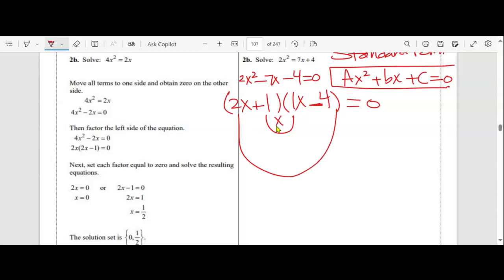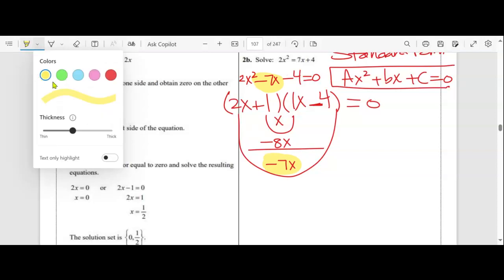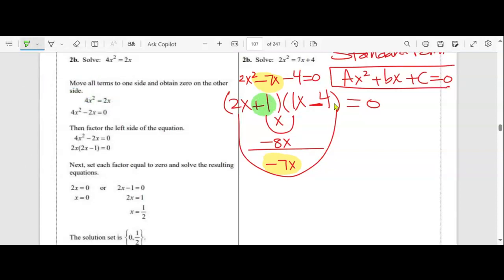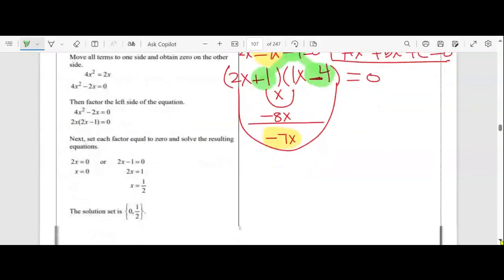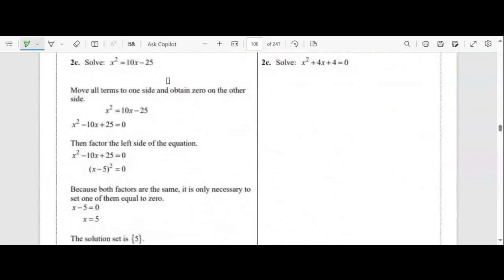You get x, and you get negative 8x. Can you get negative 7x from this? Yes. So it's correct. Now, don't forget, you have to multiply the last one times the last one to make sure that you get this result. Can you get this result from the last two terms? Yes. Okay, let's move on to the next one.